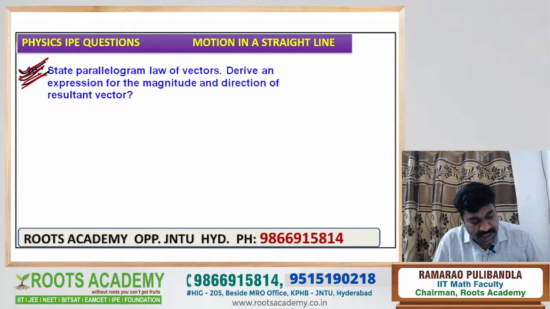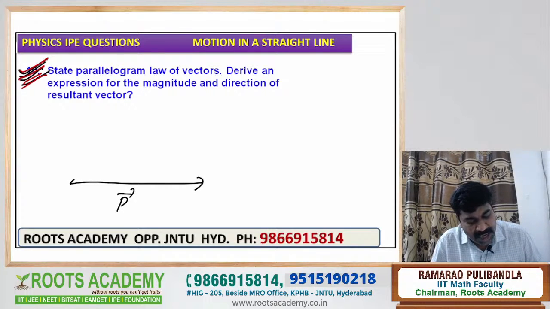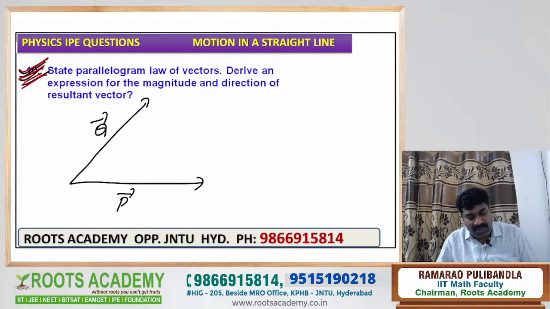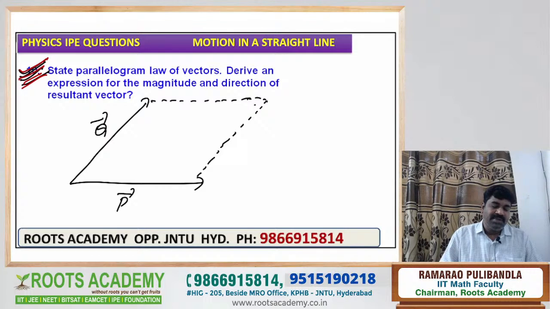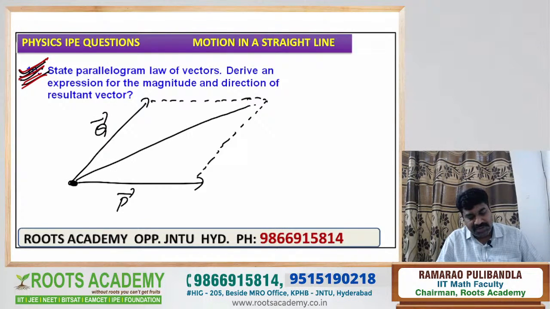If two vectors are represented by two adjacent sides of the parallelogram, for example, this is taken as the parallelogram. Parallelogram means opposite sides are equal. Then the diagonal of the parallelogram gives the resultant of those two vectors both in magnitude and direction.